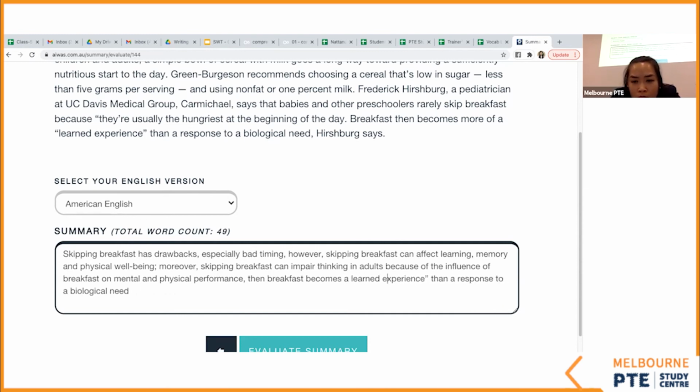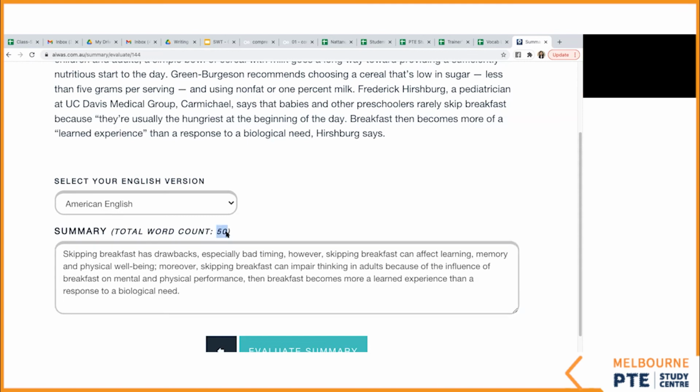I don't want to include so many words. Become a learning experience. Actually, yeah, you are right. We should put more here. Become, because they are comparing, yeah, more than. Yep, that's right. So become more of a learning experience, than a response to a biological need. Full stop. Done. Okay.